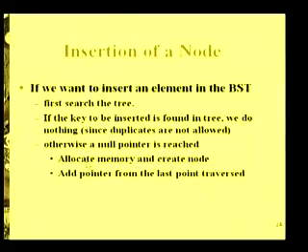What will you be doing over there? Allocating the memory. That is, you will be creating the node and then adding a pointer from the last point traversed. So that is the way you will be inserting an element into a binary search tree.